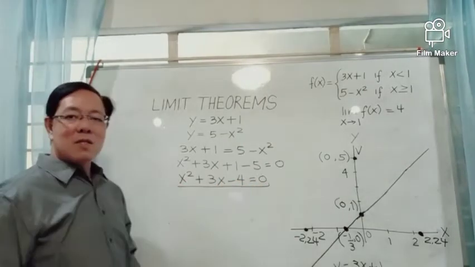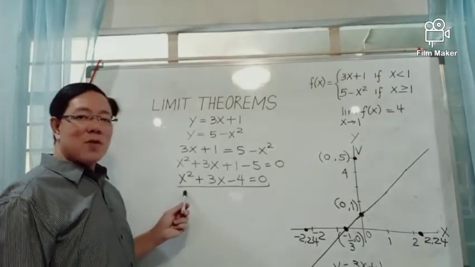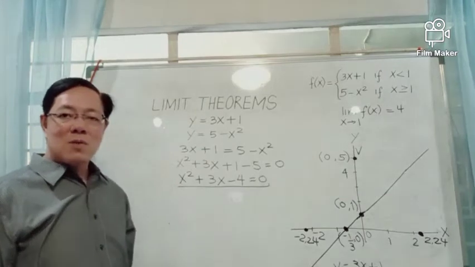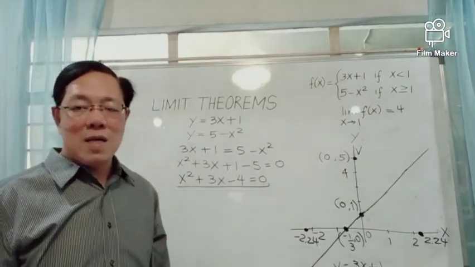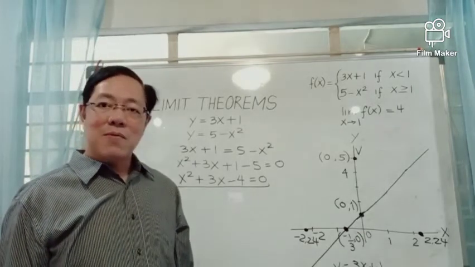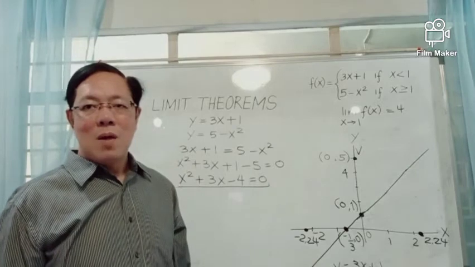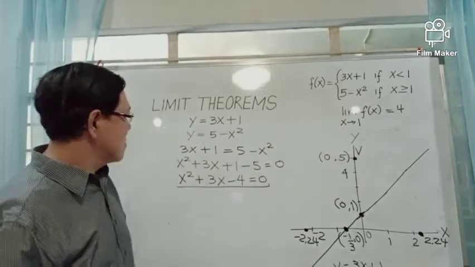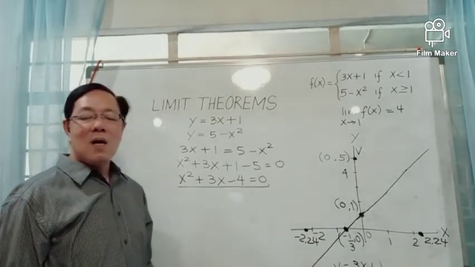This equation is a quadratic equation in x. For solving a quadratic equation, you can use any one of the methods, including factoring, quadratic formula, completing the square, or any other method.